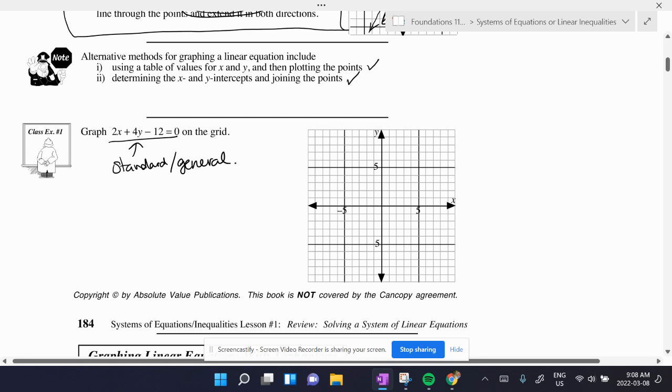It's not going to give us the information that we need to have a starting point or to know what the slope is. What I want to do is put it into the slope-intercept form because that's how we learn to solve this, okay? So 2x plus 4y minus 12 equals 0.